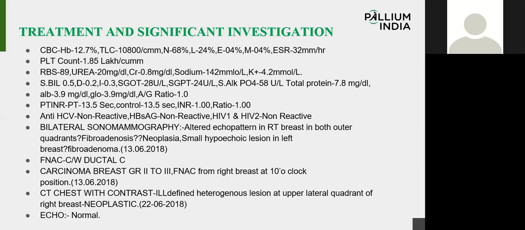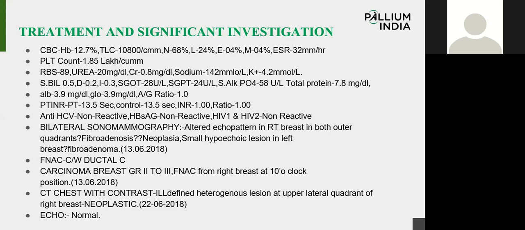During the course of treatment and investigations, routine blood checkup was done. CBC: hemoglobin was 12.7, TLC 10,800, neutrophil 68, lymphocyte 24, eosinophil 4, mono 4, ALP slightly elevated at 32. Platelet count was 1.85. Random blood sugar is 89, urea 20, creatinine 0.8 mg per deciliter, sodium 142, potassium 4.2.